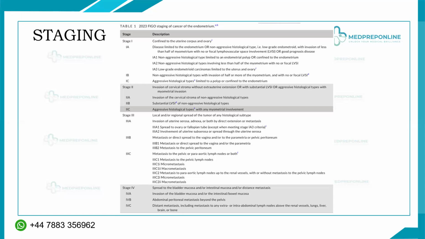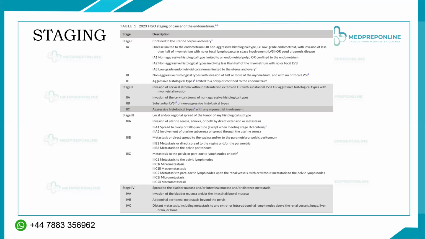Now 3C constitutes the pelvic and para-aortic lymph node spread. So 3C1 is pelvic lymph node, out of which 3C1i is micrometastasis, 3C1ii is macrometastasis. Now 3C2, you have invasion of the para-aortic lymph nodes. And these para-aortic lymph nodes are up to the renal vessels, right? So again, divided into 1 and 2, which is micro and macrometastasis.